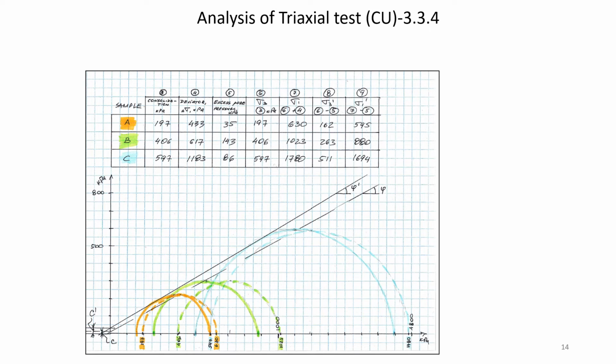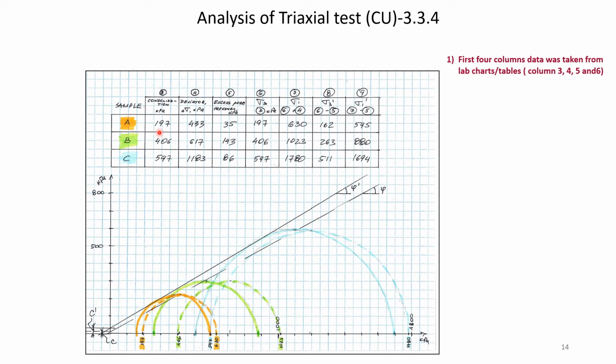Okay, so what I did, I took all values from the previous slide, and you can see columns 3, 4, 5, 6.